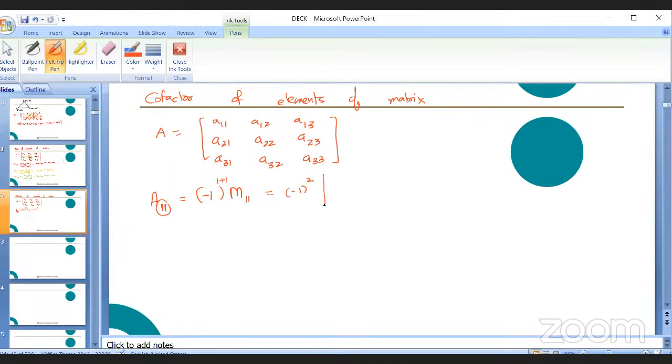And what is minor of A11? A22, A23, A32, A33 determinant. So I know minus 1 square will be 1. So just A22, A33 minus A32, A23. This is how I will find the cofactor.